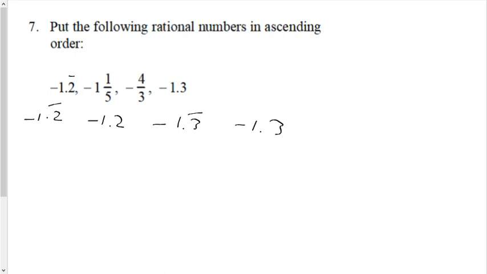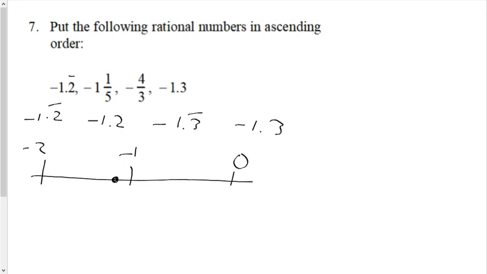Then we're going to say, putting them in order, keeping in mind this is 0, and this is going to be negative 2, and this is going to be negative 1. Negative 1.2 would be your closest to 0, correct? Therefore, your largest number is going to be, we have to go ascending order, meaning from smallest to largest.